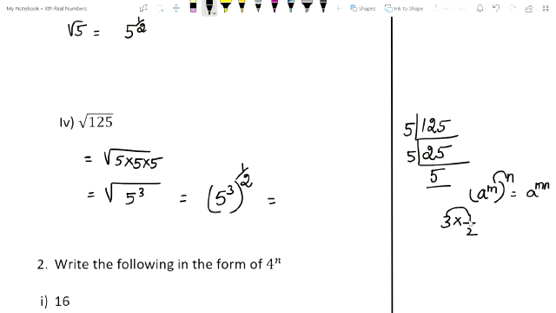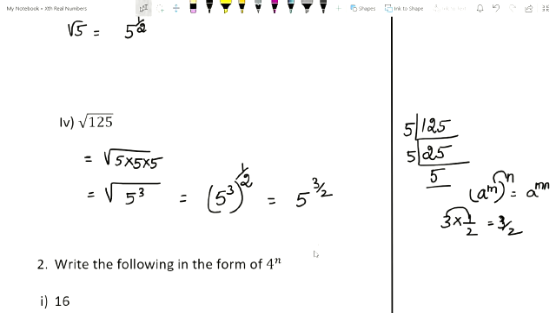What you will get? 3 by 2. So 5 power 3 by 2. Do you understand? 5 cube whole power 1 by 2. Now it is in the form of a power m whole power n, so a power m into n. 3 into 1 by 2, what you will get? 3 by 2. So 5 power 3 by 2. Do you understand children?